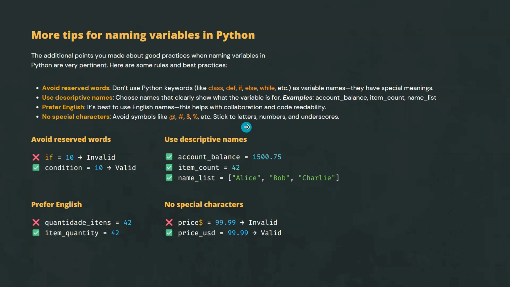Always stick to letters, numbers, and underscores. So this is what you have to follow. Instead of giving price_dollars, you can give price_USD. These are small things, but they really make your code cleaner, easier to read, and less buggy. Trust me.